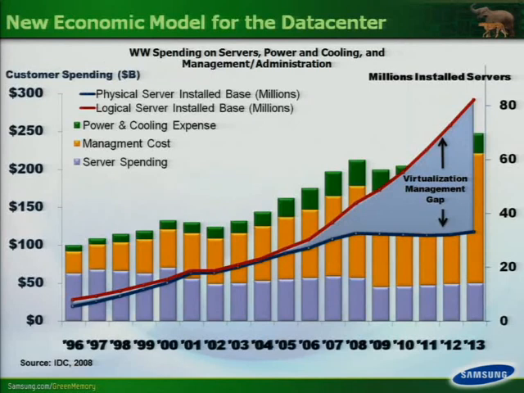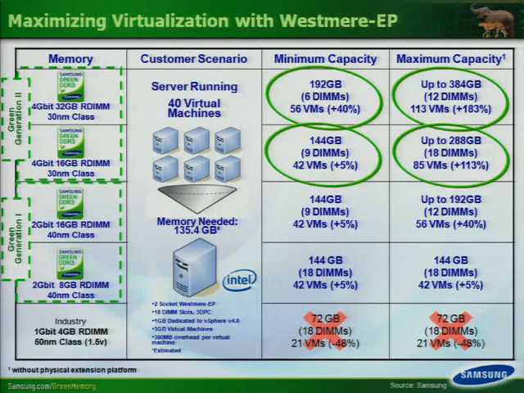So one of the things that we obviously hear, and you're all very familiar with it, is that the number of physical servers is kind of being fixed, and the number of logical servers is increasing through virtualization. And one of the things that we've noticed very often, when we're talking to our customers or interacting with the end users, is everyone's saying we need more memory.